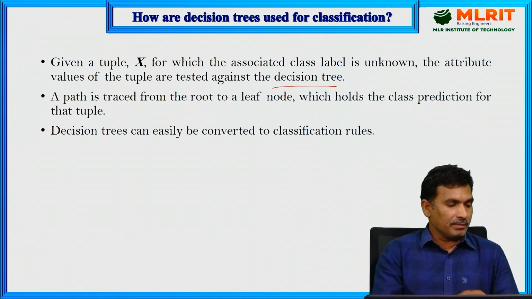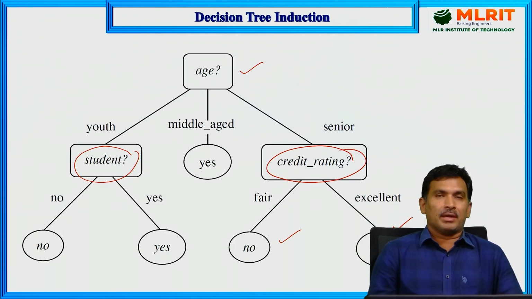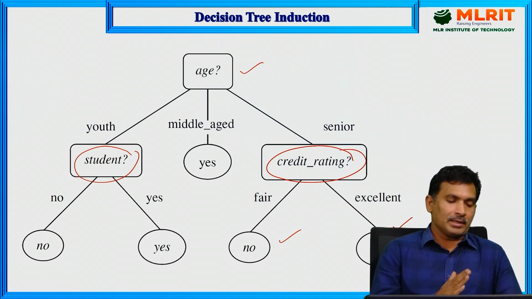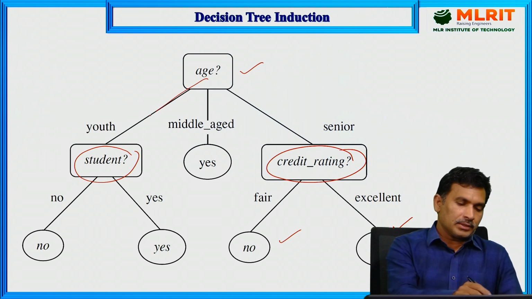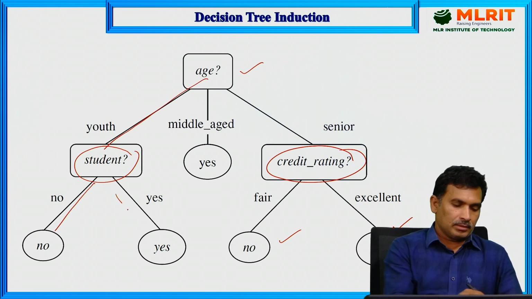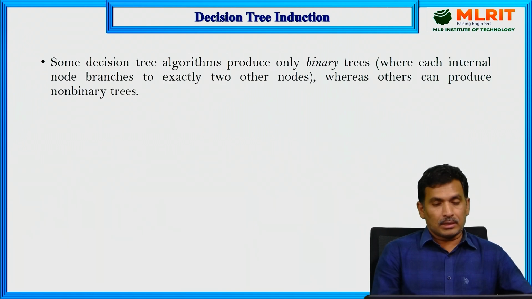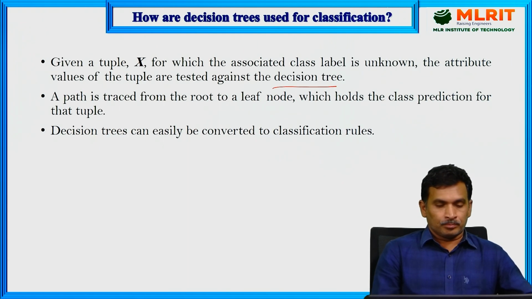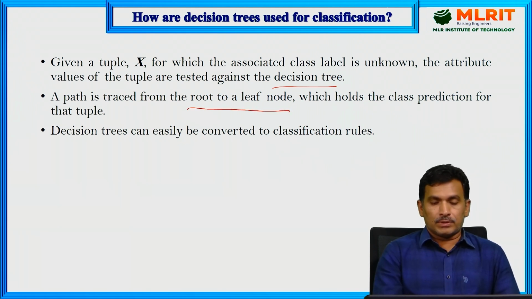Like in the previous example, suppose age is youth, then we check student, yes or no. We trace the path to find out the decision, whether yes or no. The yes or no are the target labels.